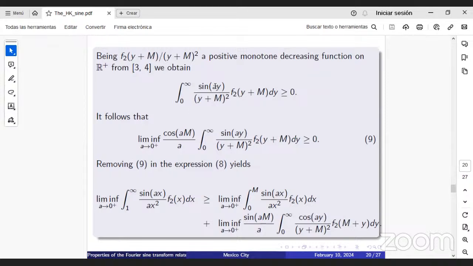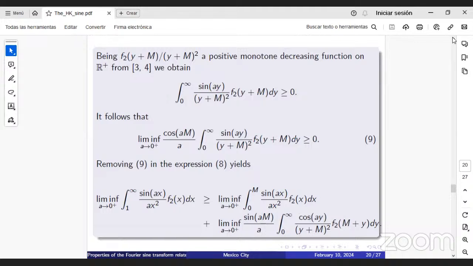It follows that it is positive, removing the term in the expression.